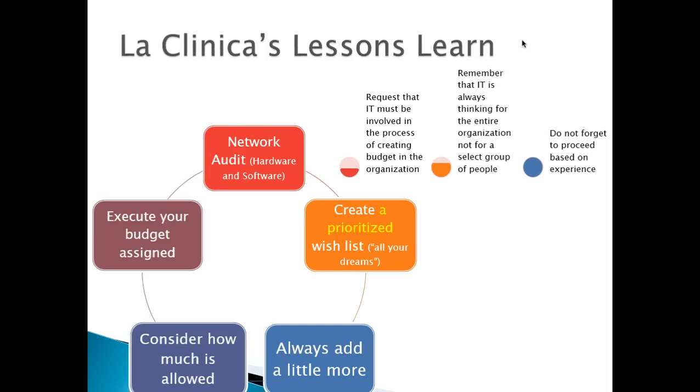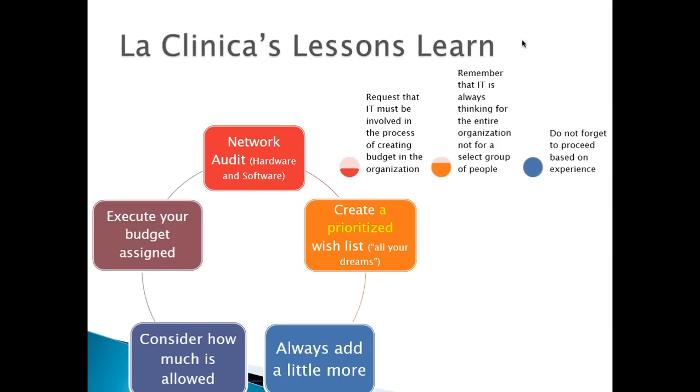The beginning of creating your budget is you have to think for your colleagues who are not thinking about technology. Usually they think about technology at the moment when they need it, but our job, as an IT director, CIO, or people who work with technology, is to think about what they are going to ask, and what I can add a little bit more.